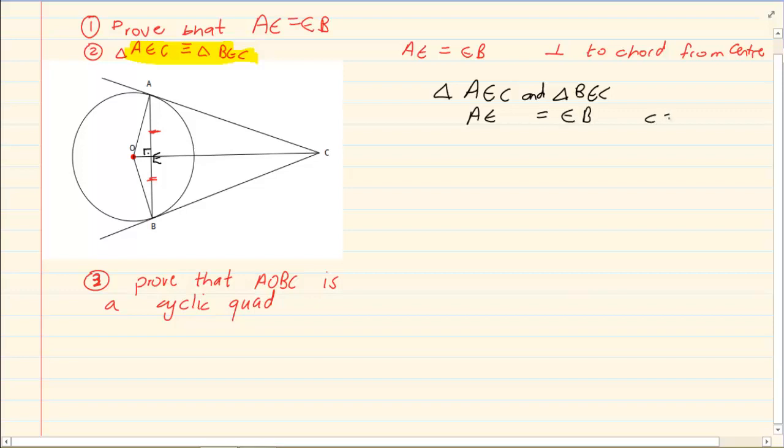That was calculated. Then we have that AC is equal to BC. Now that would be tangents, two tangents from same point. And last we have that EC is equal to EC, and the reason is it's common.